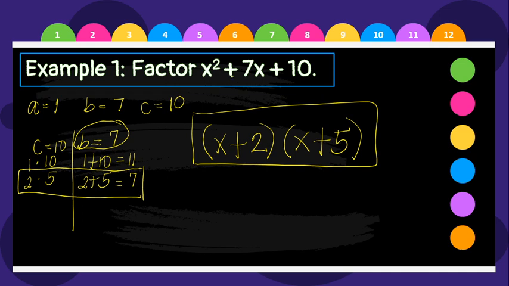Since the signs of b and c are both positive, the signs in the factors are also both positive. You can also write this as the quantity of x plus 5 times the quantity of x plus 2, as long as the signs are not changed.